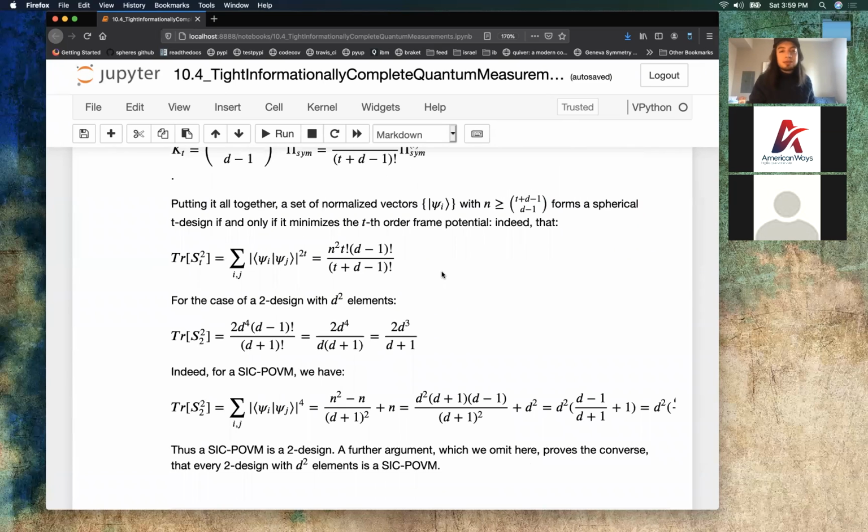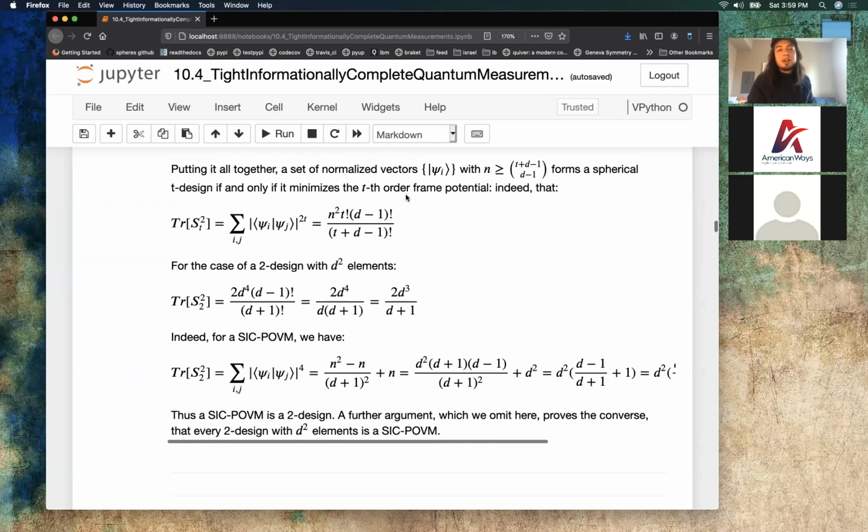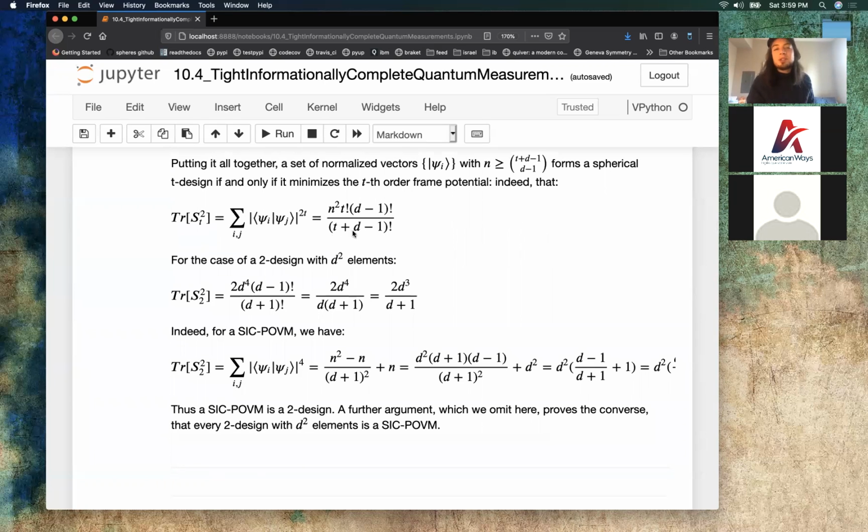So putting it all together, a set of normalized vectors psi_i with n greater than this, there's a little bound in this case on the number of design elements, will form a spherical T design, in the complex case, if and only if it minimizes the Tth order frame potential. In fact, this has to be this. So that's the value it should be.